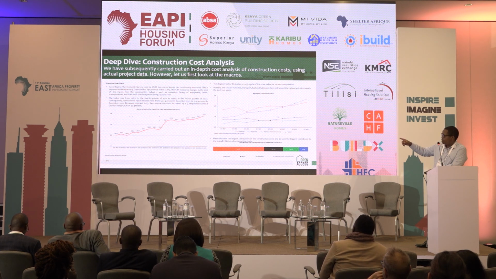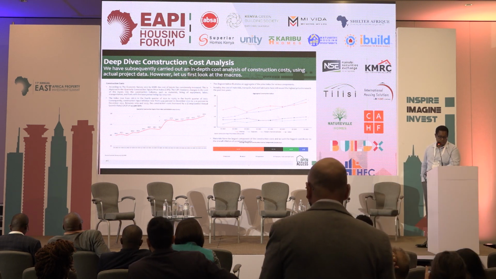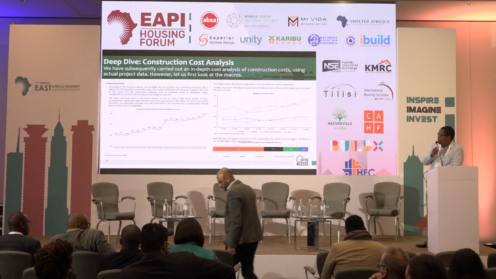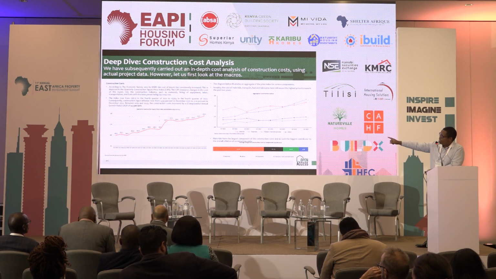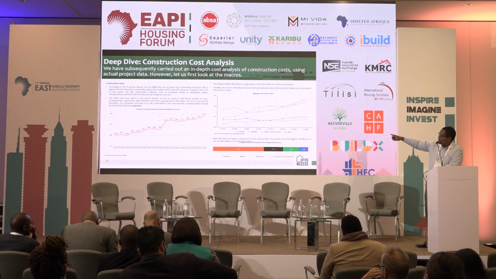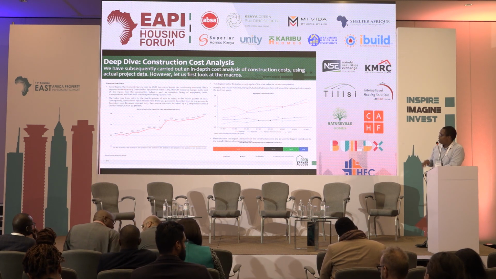The graph on the extreme left hand of the screen is the construction input price index, CIPI, done by the Kenya National Bureau of Statistics. 2019 is a base year, which was 100, and as of 2023, the prices have gone up by about 20% from the CIPI index. So generally in line with what we are seeing in the market.